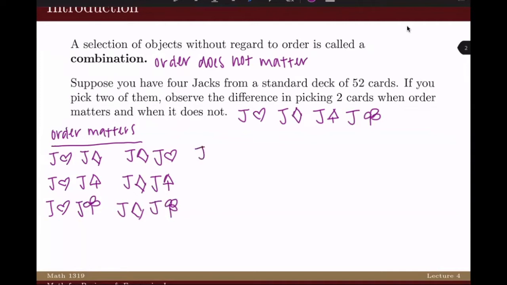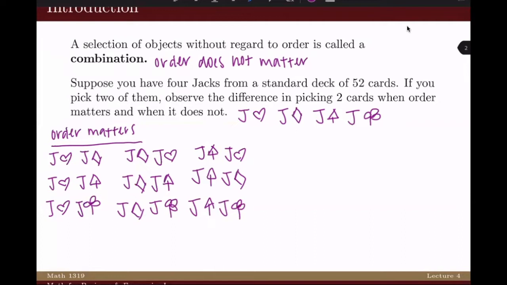Next, we could have the Jack of Spades and the Jack of Hearts, the Jack of Spades and the Jack of Diamonds, the Jack of Spades and the Jack of Clubs.